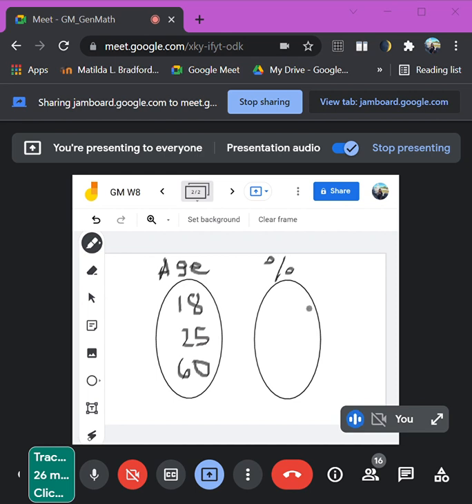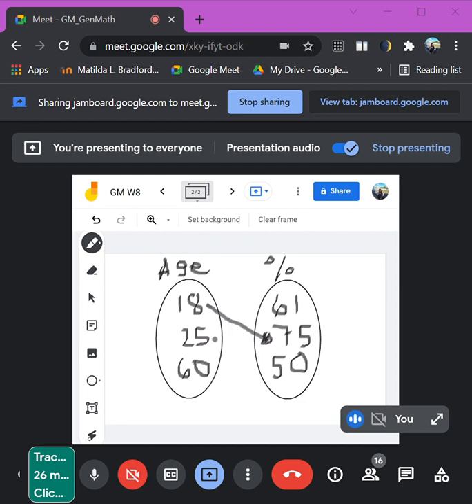Like for example, diri na 60%, or shall we say 61%. And then 75%, and then diri is 50%. And then we have here ang atong 18 years old kay naay 75%.